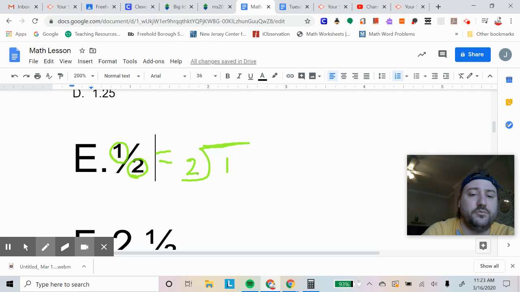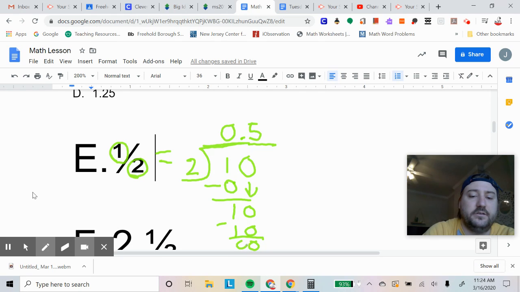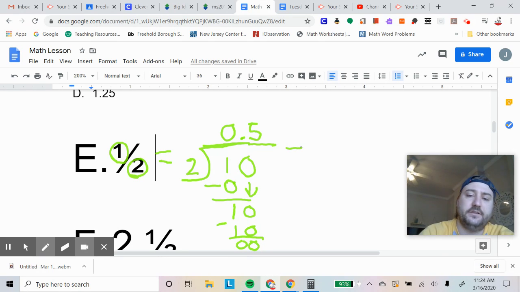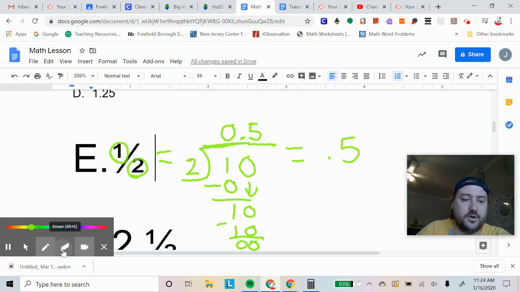So 2 fits into 1 0 times. Then you add a 0 and add a decimal. 2 fits into 10 5 times. So you bring the 0 down. 10 minus 10 gets me 0. So my final answer as a decimal is 0.5. Pretty straightforward.